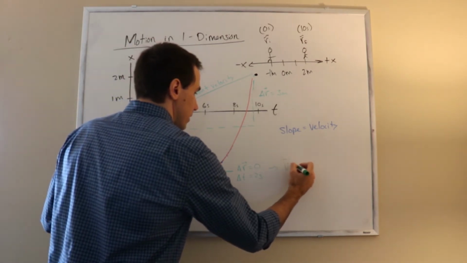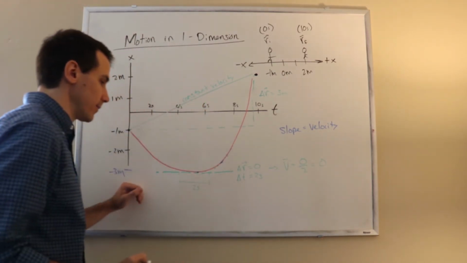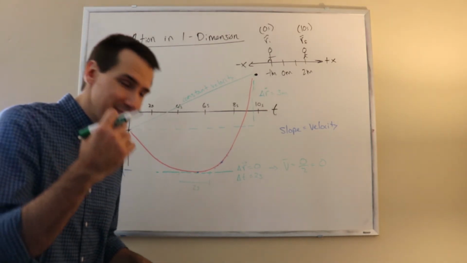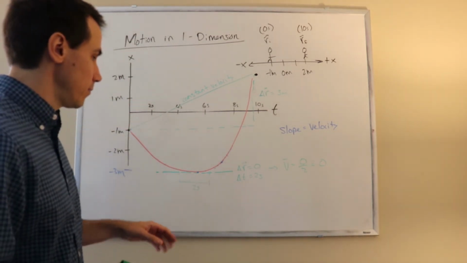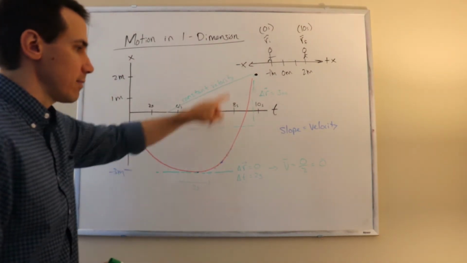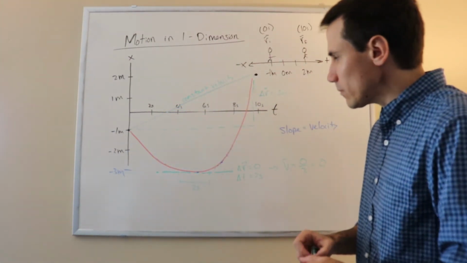So my velocity looks like 0 over 2, which is 0. So right here, my velocity is in fact 0 because the slope of my position versus time graph is 0 at that moment. Okay?